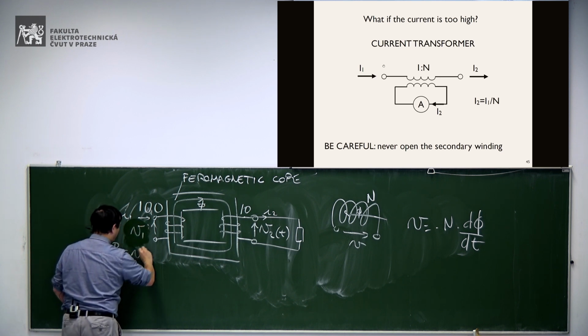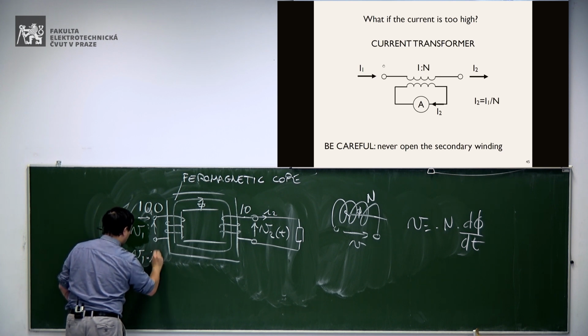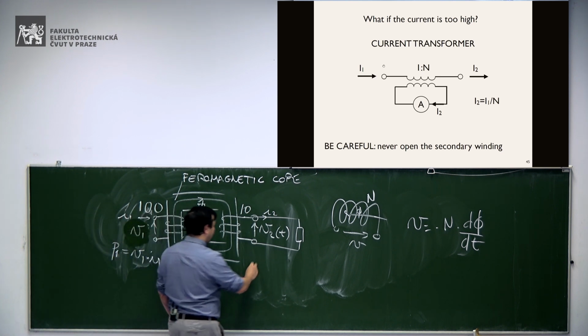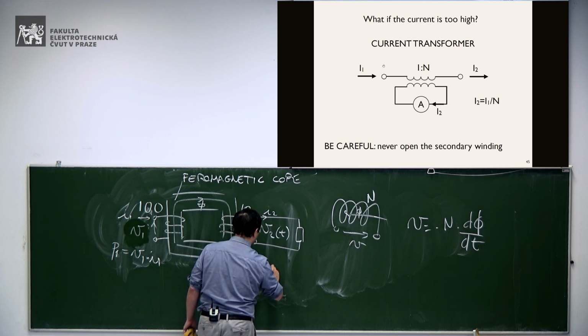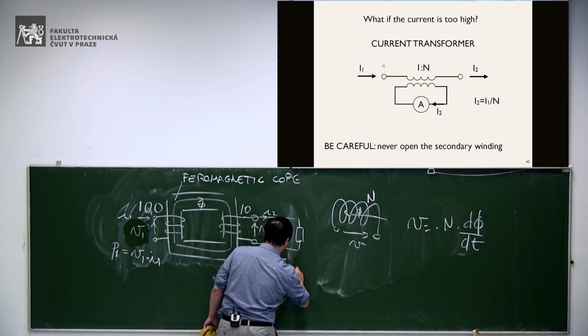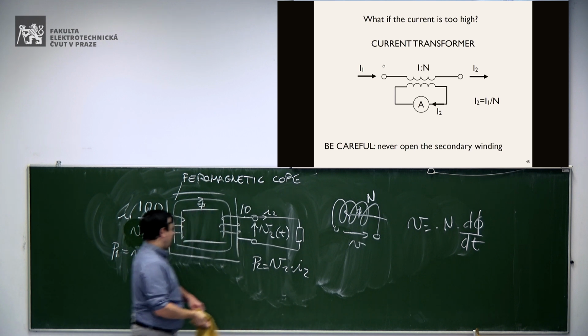So V1 times I1 will be necessarily equal to P2, which is V2 times I2, okay?